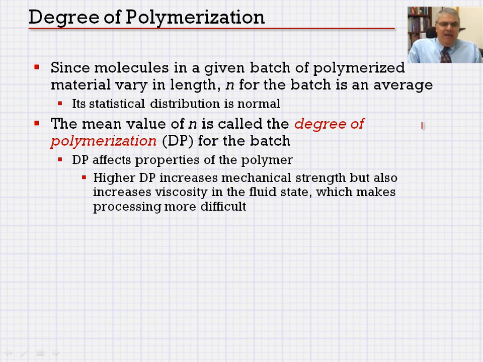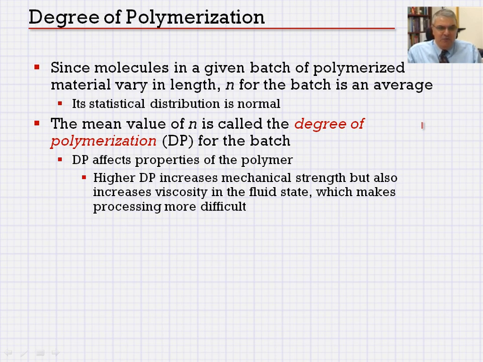So if you have a batch, and in that batch the polymerized length of the material is different, one is N1, one is N2, N3, N4, N5, and so on. If we pick the lengths at random, a few N1 and a few N2 and a few N3 and so on, and then draw the distribution, we would see that we are going to have a normal distribution.